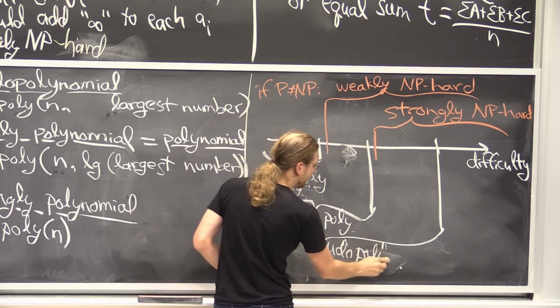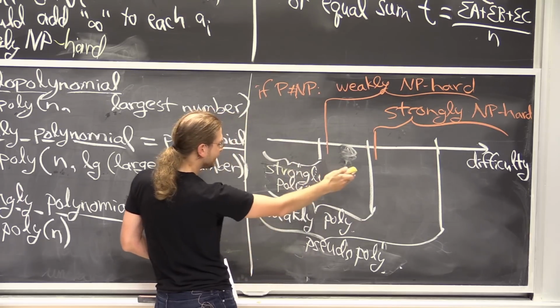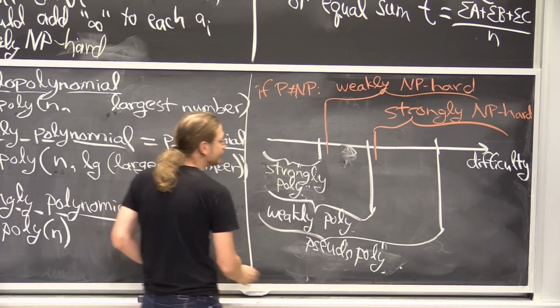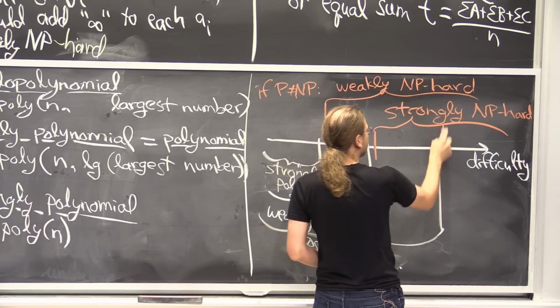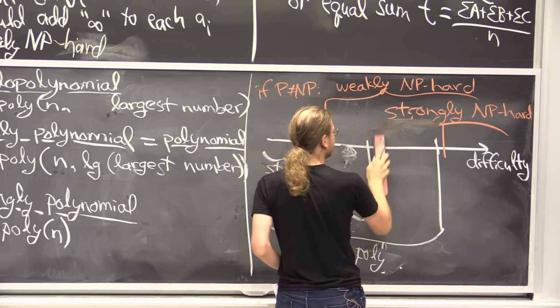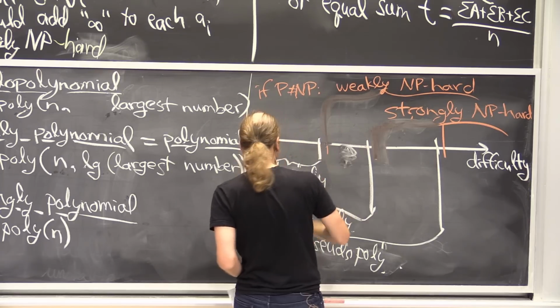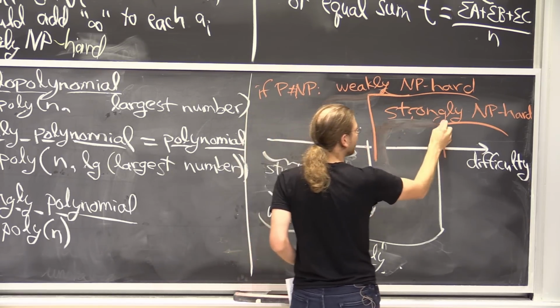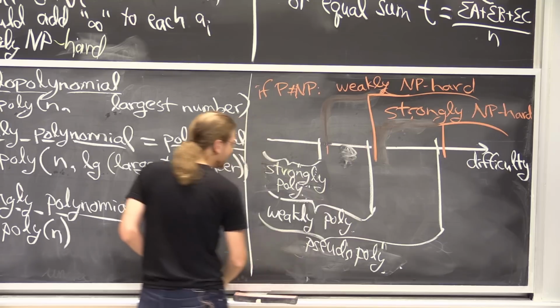Did I get my arrows in the right place? We've got to shift over one. Right, strongly NP-hard. Whoops. So weakly NP-hard is here. Strongly NP-hard is there. Okay.